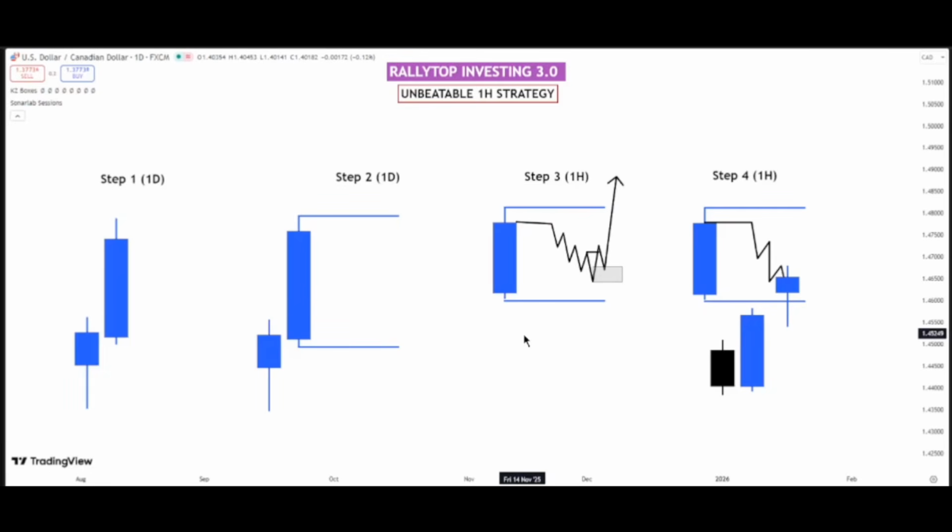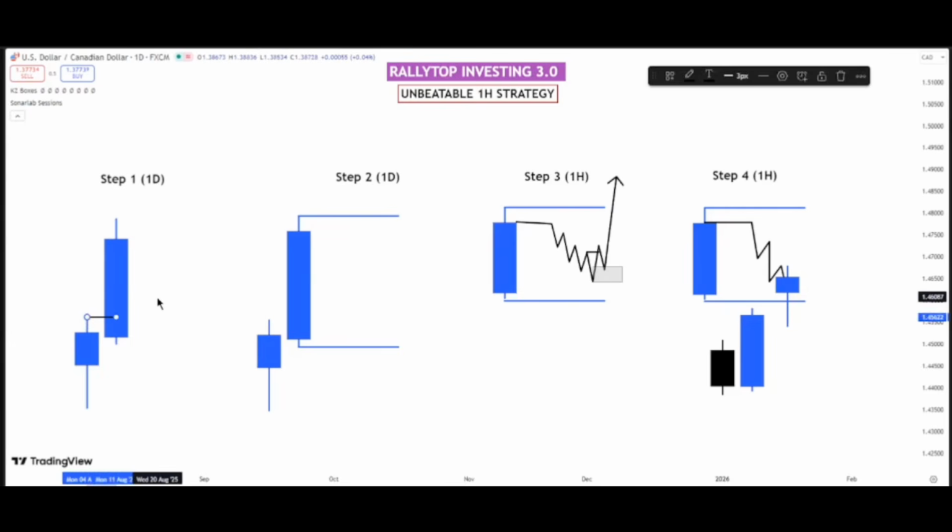For example, if you find on the daily time frame that price on day 1 printed a bullish structure such as this, and now day 2 it also printed another bullish structure such as this, and this day 2 candle has closed above the high of day 1.